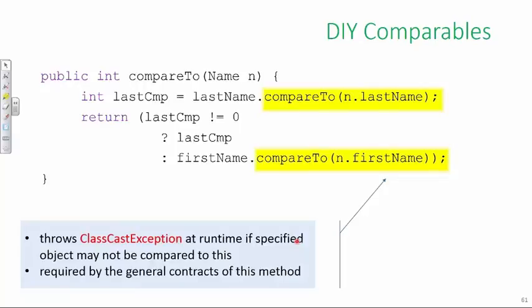That's my result of comparison, and I don't even look at the first name. Otherwise, I now compare the first names, knowing that the last names are the same. If there is an order to be found, I return an order based on the first name this time. And because I rely on compareTo, if I need to, yes, I'm going to raise that ClassCastException.